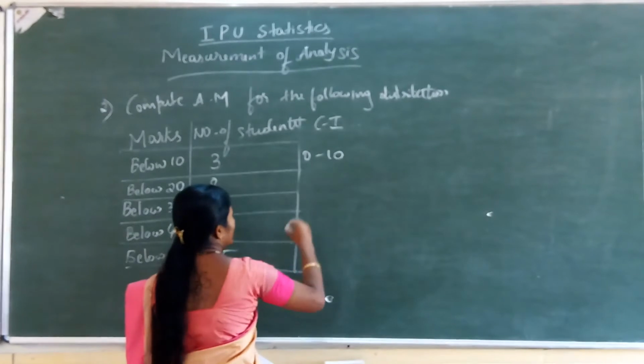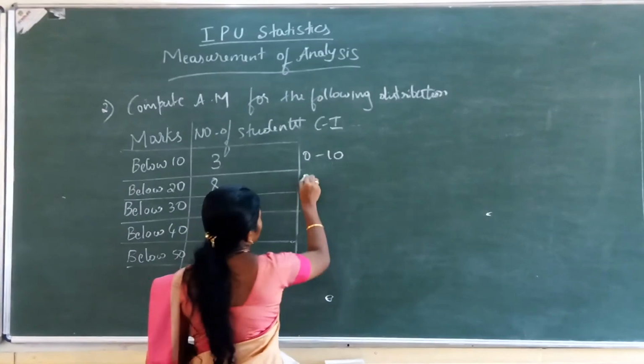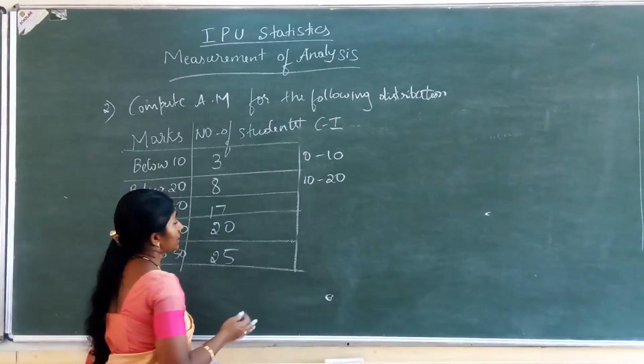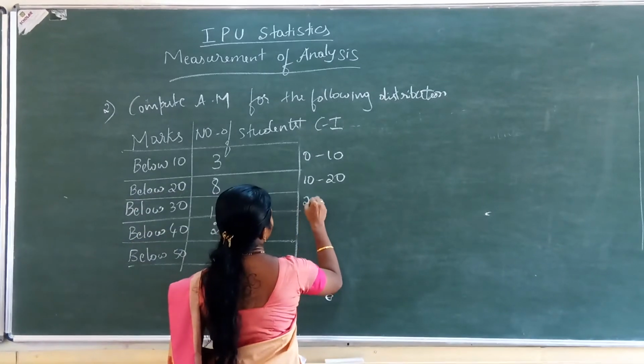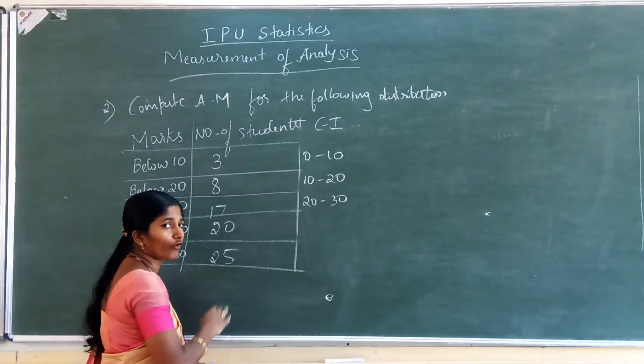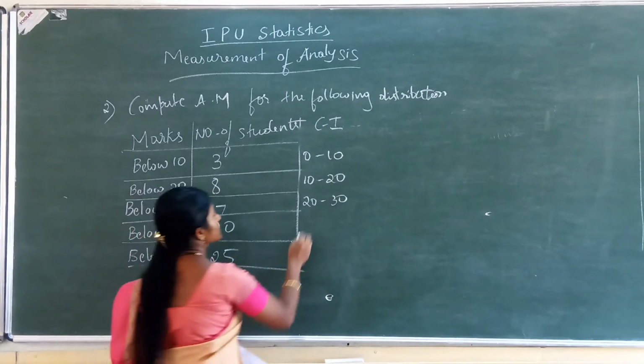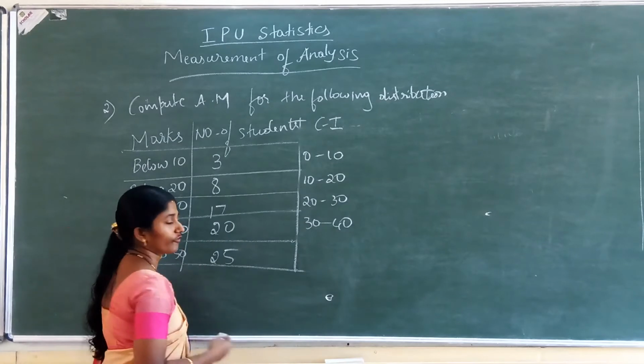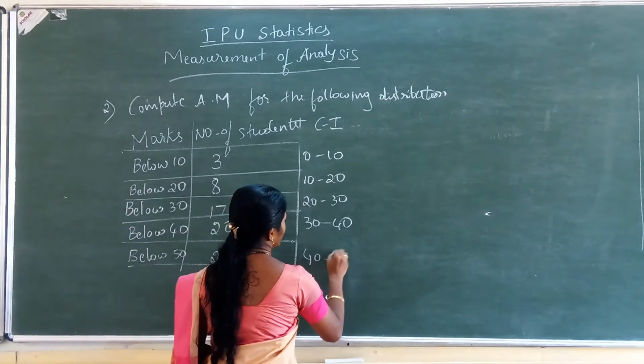Next, below 20 means 10 to 20. Below 30, less than 30, means 20 to 30. Less than 40 means 30 to 40, and less than 50, below 50, means 40 to 50.